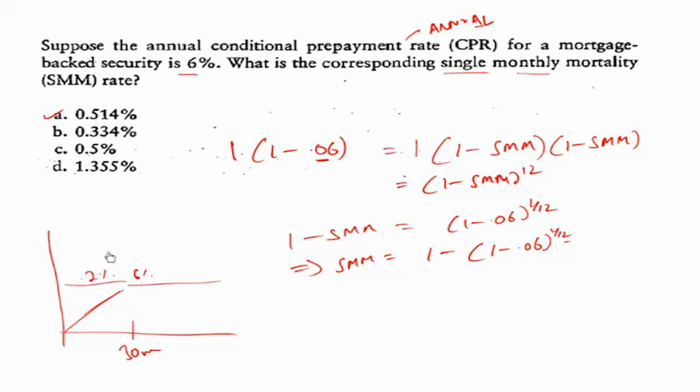A 165% PSA implies that the prepayment rate will increase by 0.2 into 1.65% every month, and the loan will become seasoned 30 months later at the rate of 6% into 1.65, because everything is happening 1.65 times faster. 70% would mean everything is happening at 0.7 times the speed of 100% PSA.